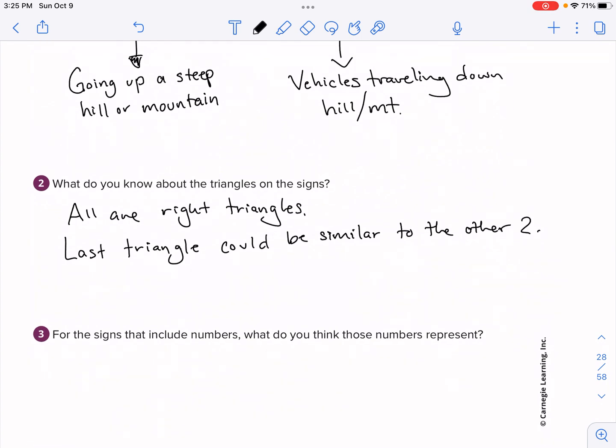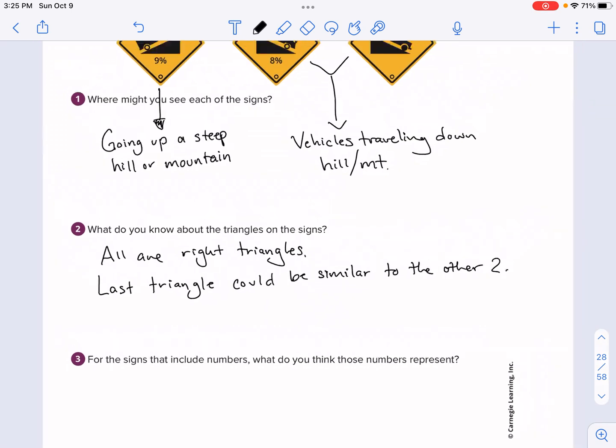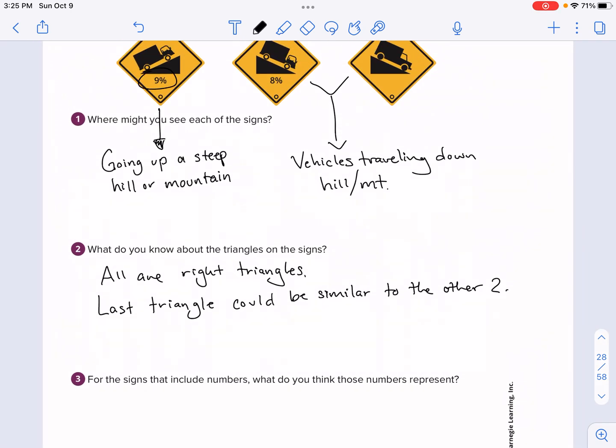For the signs that do include numbers, so the first and second, what do you think those numbers represent? Right, so we have a 9% and an 8%. 9% going up, 8% going down.